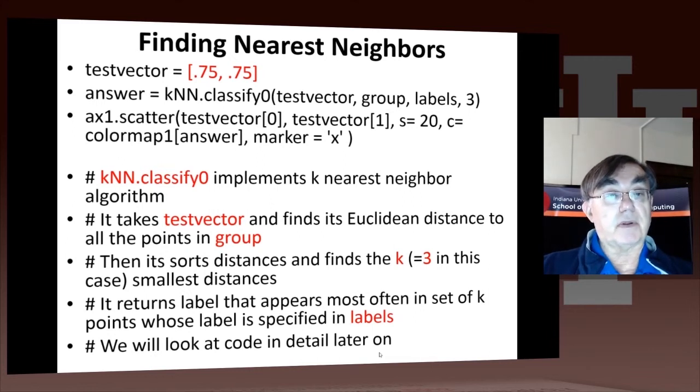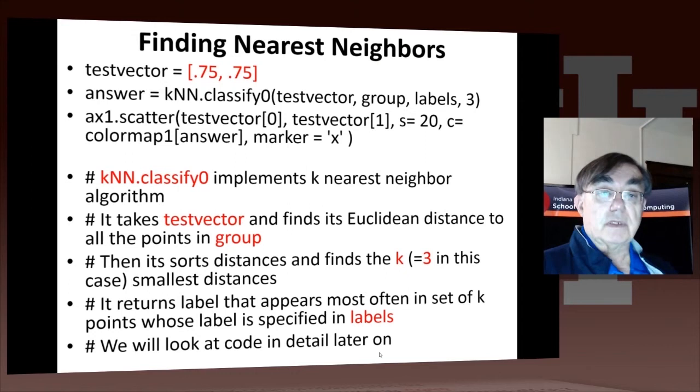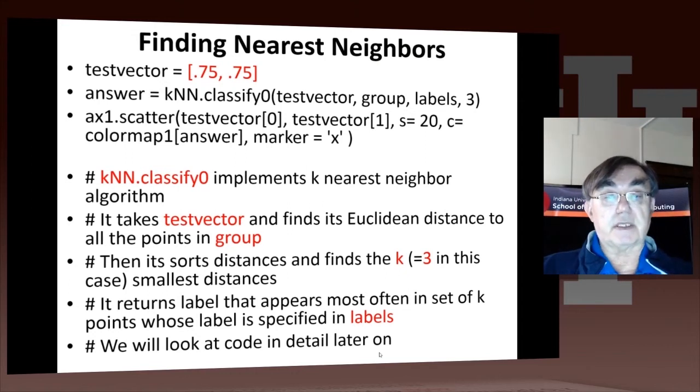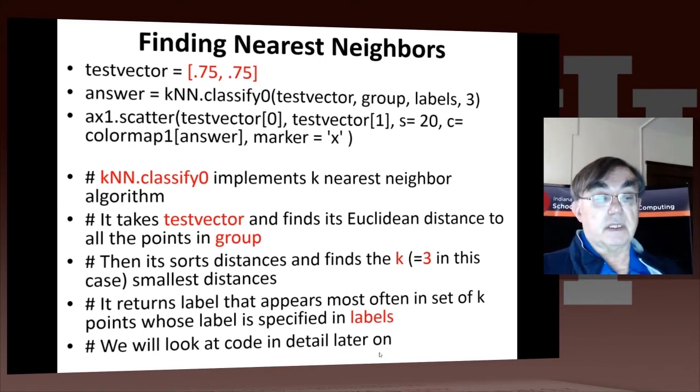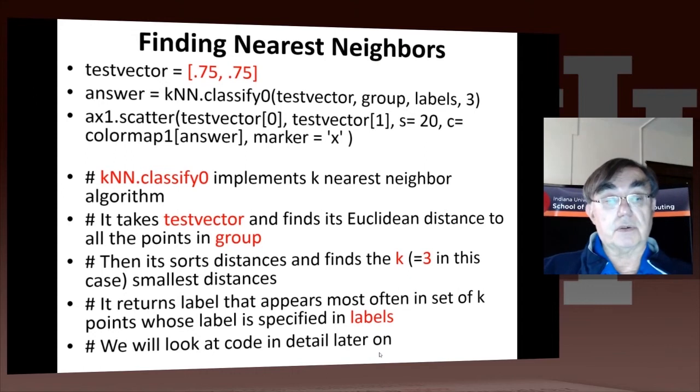And the way that algorithm works, which we'll go through in detail, is very simple. It takes test vector and finds the Euclidean distance from test vector to all the points in the array group. Then it takes those Euclidean distances and sorts them. And it finds the smallest distances, rather the 3 smallest distances in this case, and those are the 3 points it's going to use to do the classification.